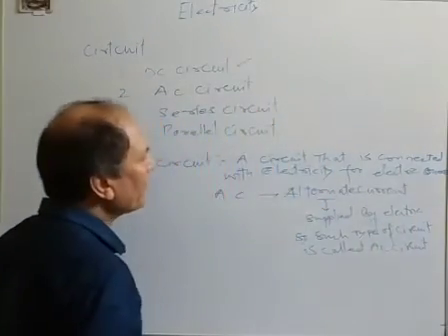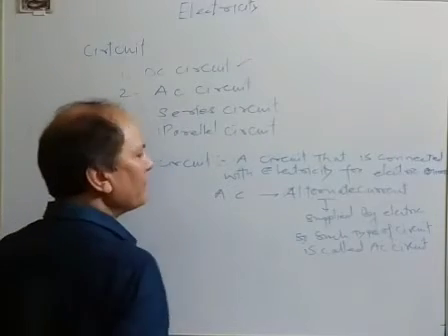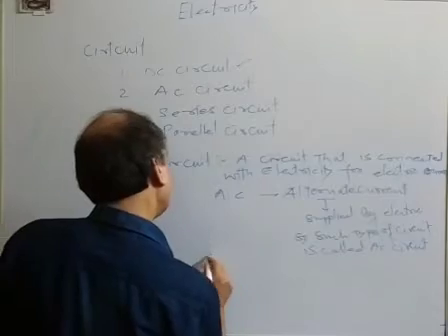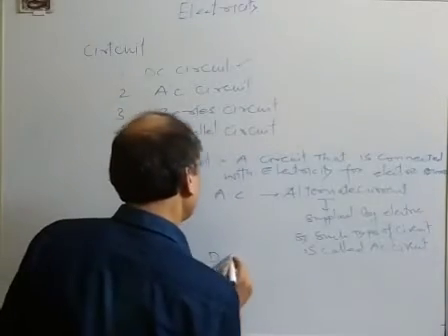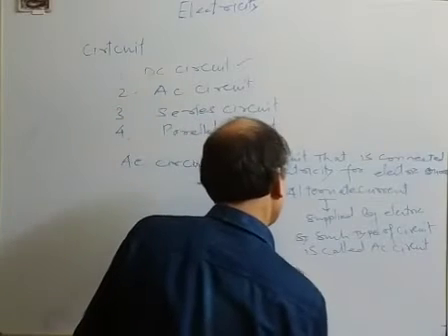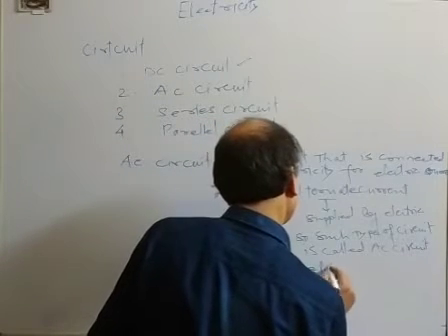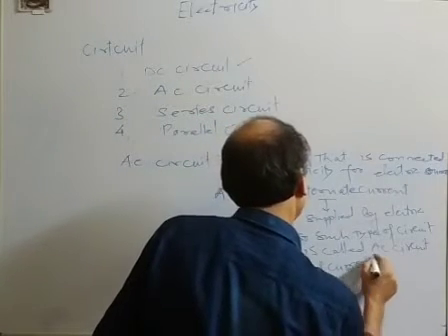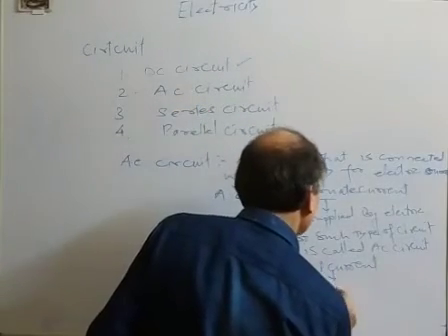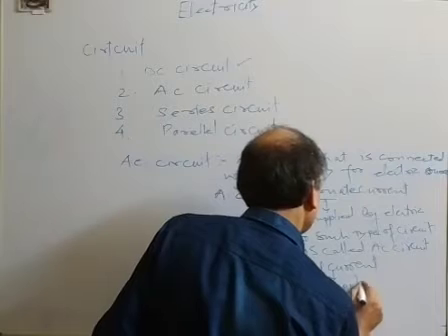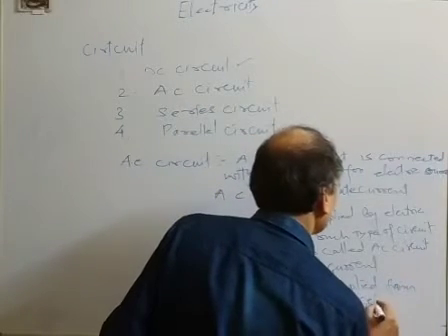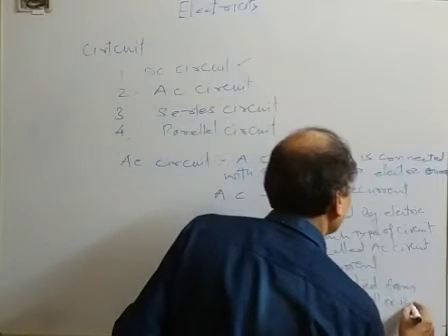In the same way, in the case of battery, DC means direct current. Direct current is supplied from cell or battery.